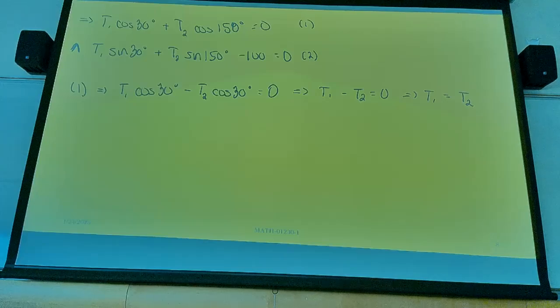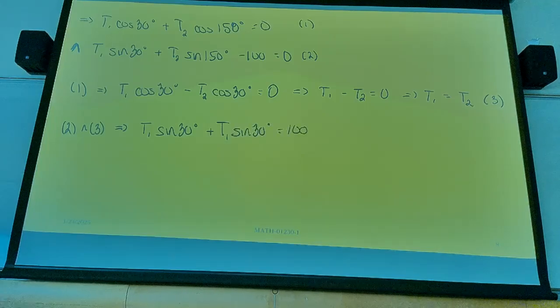Let's call that 3. Put 3 into 2, and also use reference angles. T1 sine of 30 plus T1 sine of 30 is 100.